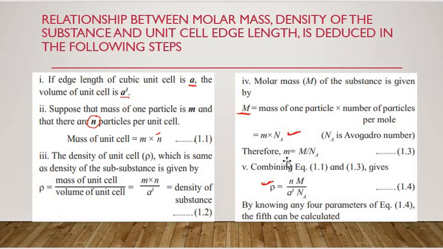And we can say the mass is equal to molar mass upon the Avogadro constant. So combining equations 1.1 and 1.3, we get density rho is equal to N M upon A cube multiplied by Na. So this is the formula which you are going to use in solving numericals.